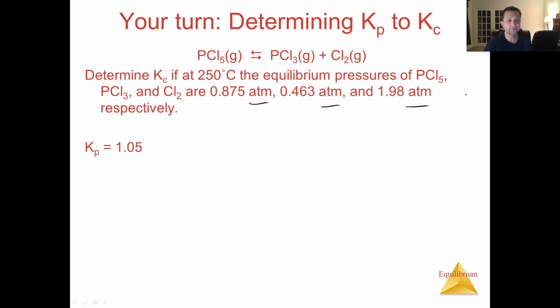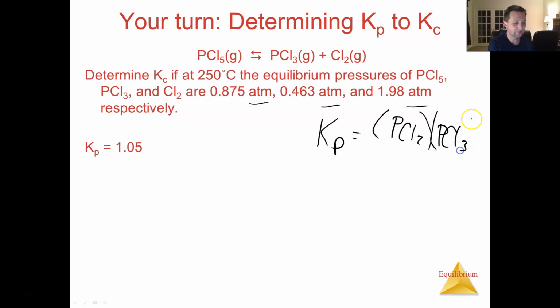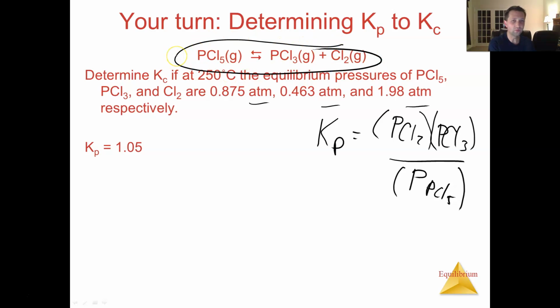So your Kp expression will look like this. Pressure of Cl2 times the pressure of PCl3 over pressure of PCl5. Notice how the coefficients here are 1, 1, 1, so I don't have to raise anything to any exponent.